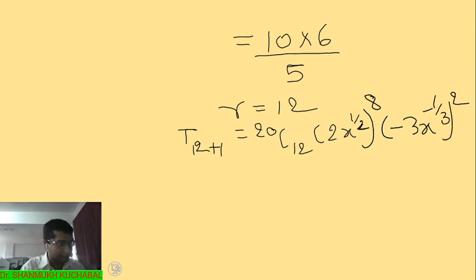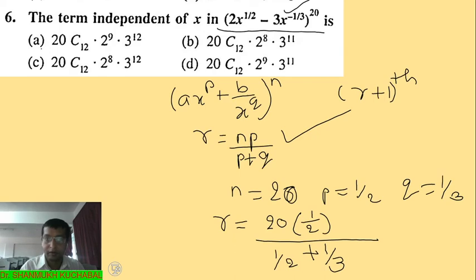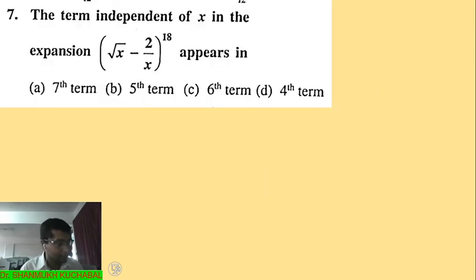If we simplify this, we get 20C12 2 raised to 8 3 raised to 12. Therefore option C, 20C12 2 raised to 8 3 raised to 12, is the right answer. We'll move to the next example.